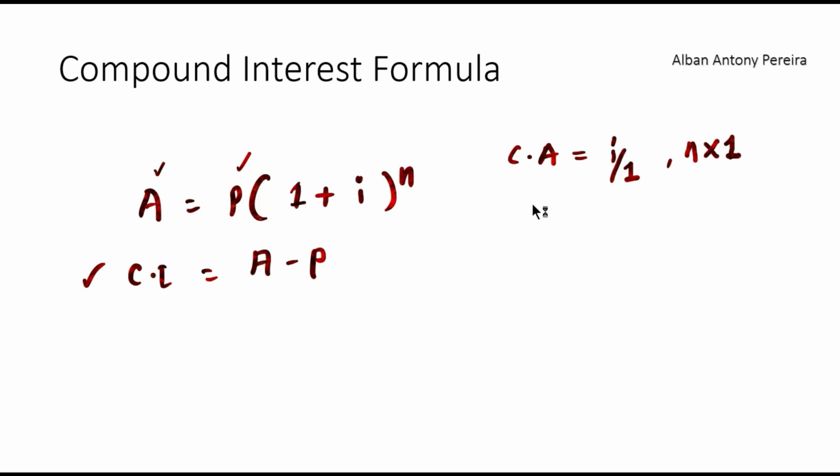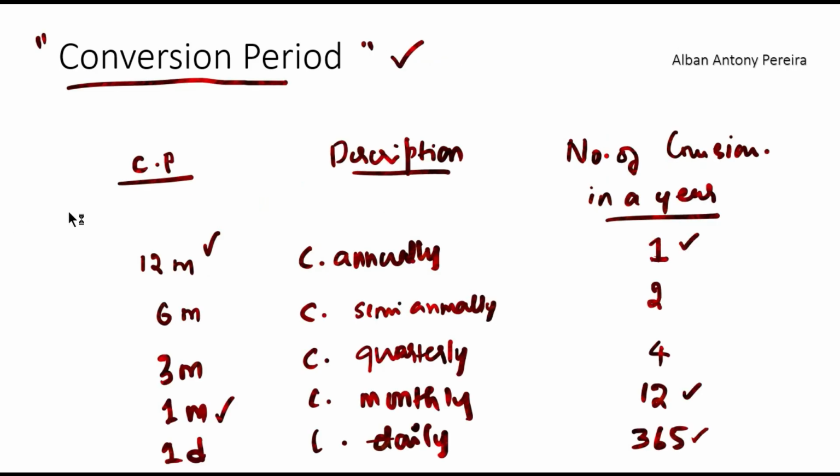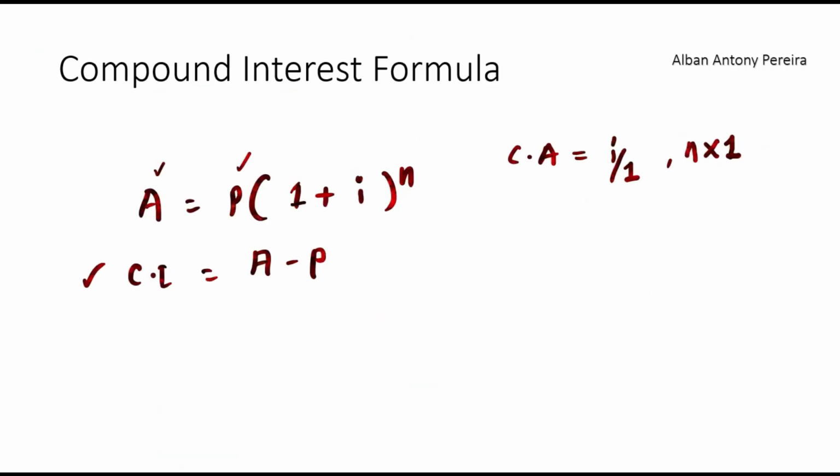Now we'll see in case of compounded semi-annually. Semi-annually, here 2. The number of conversions in a year is 2. So what happens here? Compounded semi-annually, you have to divide I by 2 and you have to multiply N with 2. For example, if N is given as 5 years, then you multiply 5 with 2, and it becomes 10.